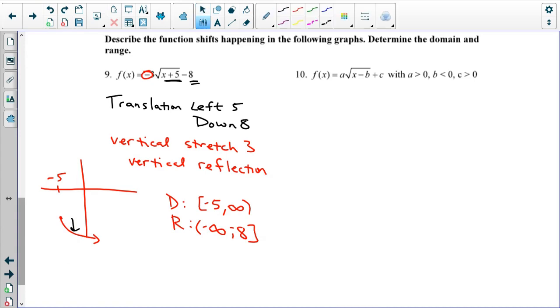Number 10, oh my gosh, it's all these variables. So once again, it's a square root, just like in the last problem. So we're going to have a domain and range restriction. Notice that b is less than 0. So if I have the square root of x minus b, since b is less than 0, let's make b something like -4, just to mentally conceptualize what's happening.